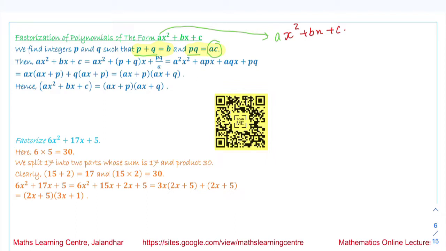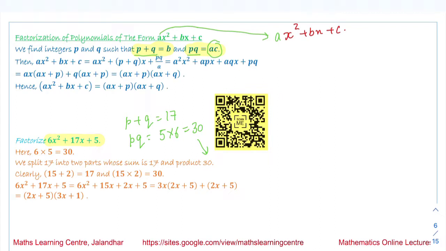So we look at this with an example. Over here the expression we have is 6x square plus 17x plus 5. It means we have to find p and q so that p plus q is equal to 17 and p into q is now 5 into 6, that is equal to 30.